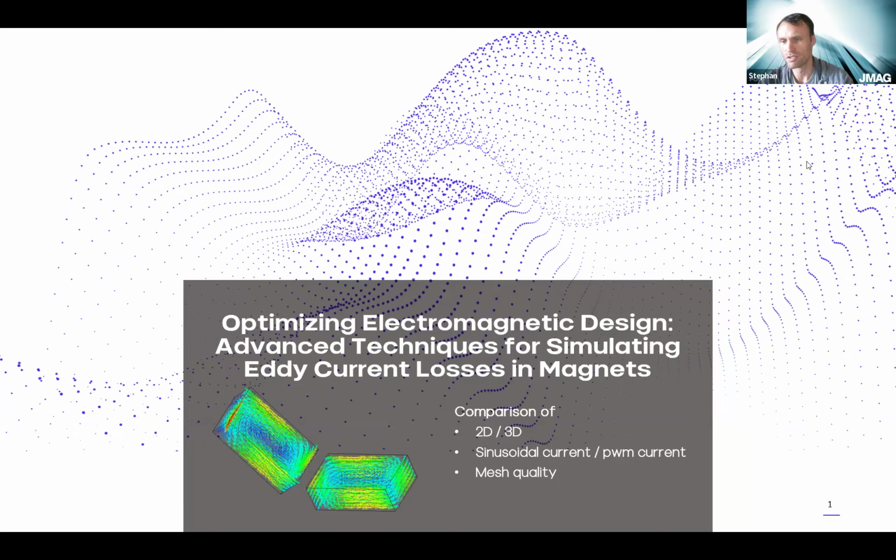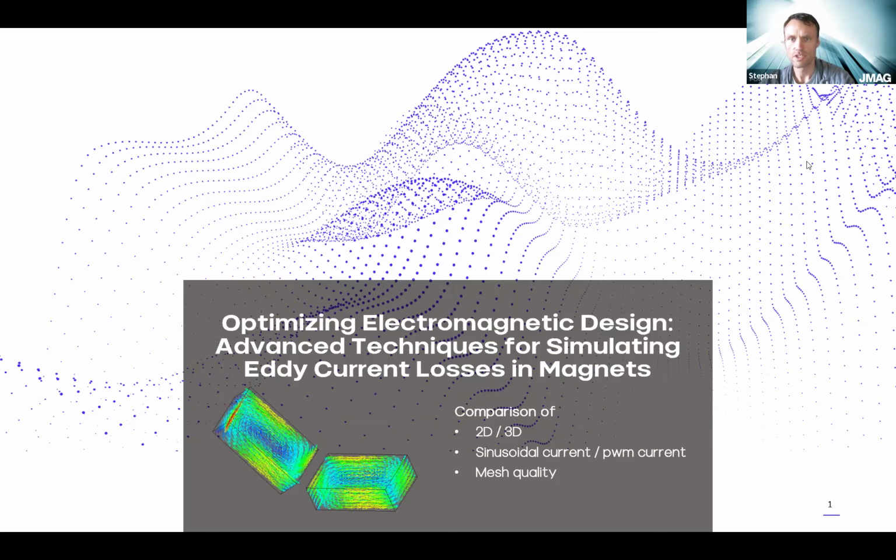This presentation provides a comparison of the simulation results of 2D simulation and 3D simulation, and a comparison between sinusoidal current supply and PWM current supply. And at the end, I want to give short advice and recommendations regarding mesh quality and how to choose the time step for the transient simulation.